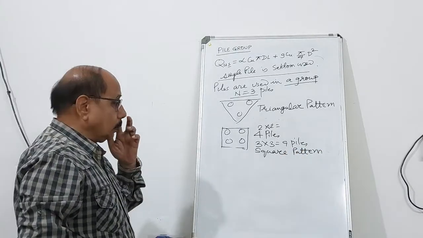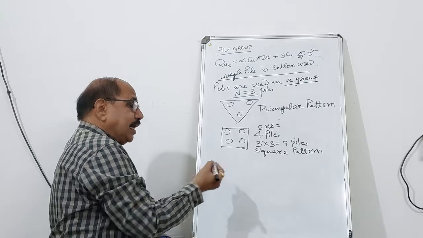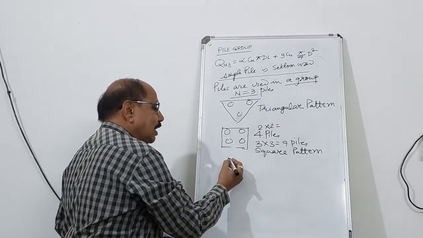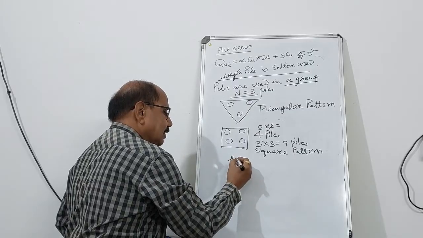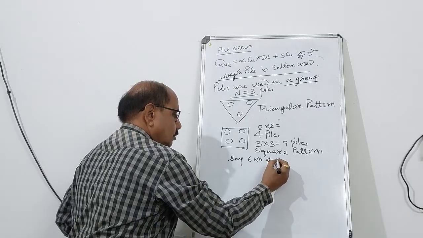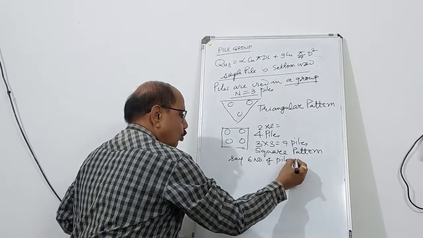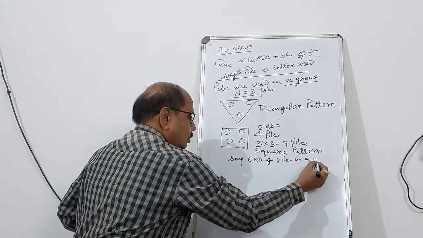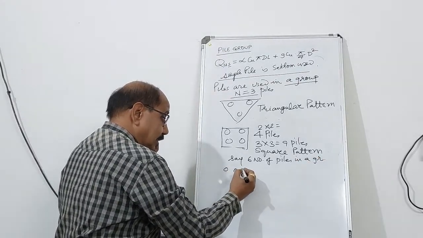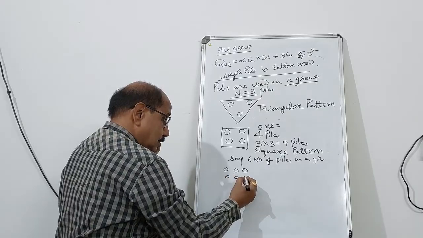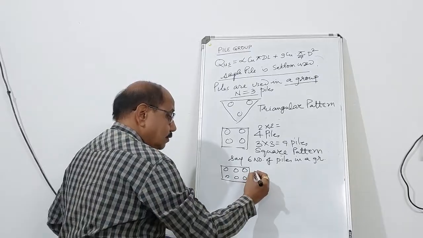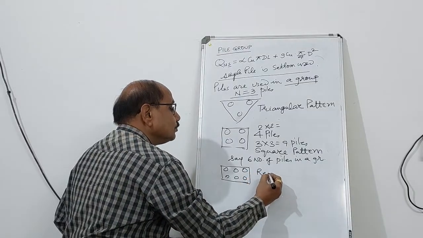Isn't it? If there are, say, 6 piles in a group, then you can arrange it something like this. This is called rectangular pattern.